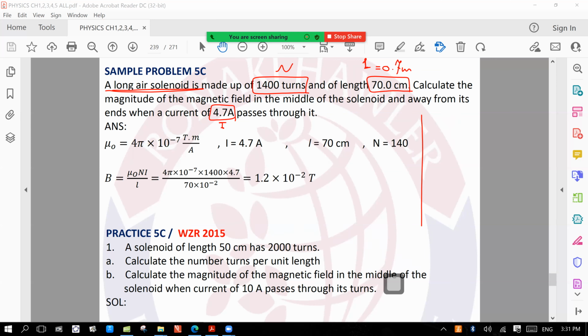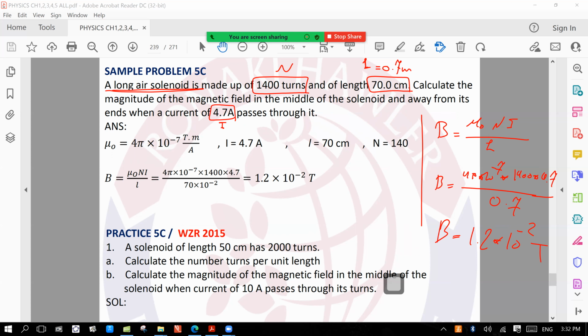Now easily we will plug into the formula, mu naught N I over L. So B is equal to mu naught, which is 4 pi times 10 to the power -7, constant, times N, which is 1,400, times 4.7, over 0.7 meter. When you calculate this with the calculator, you're going to get 1.2 times 10 to the power negative 2 Tesla.